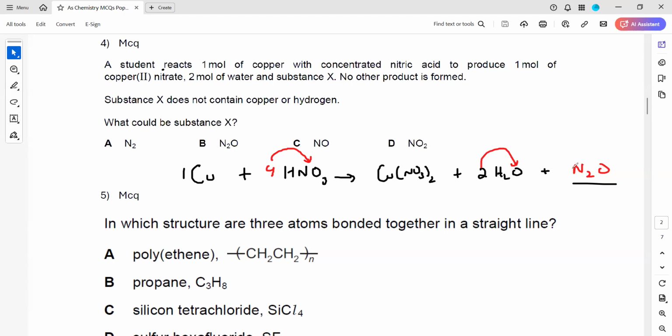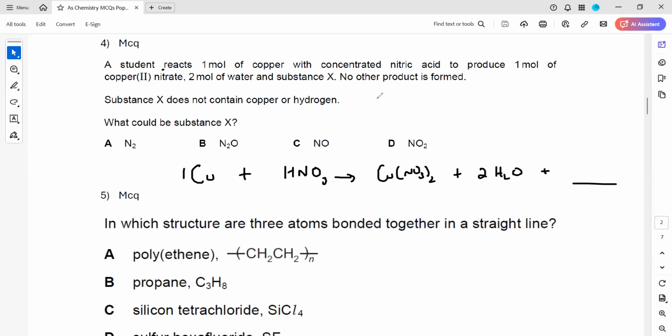So if N2O was there, then oxygen cannot be balanced, because if I try to balance oxygen, 3 multiplied by 2, 6 oxygen plus 2, 8, and I want to make it 12. If I put 4 here, then the nitrogen will not be balanced. So this substance cannot be N2O.